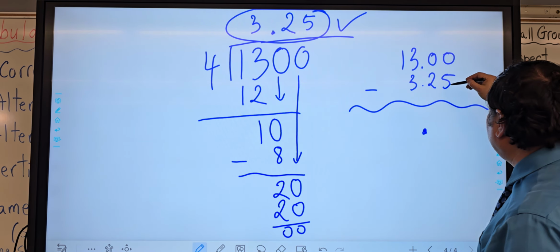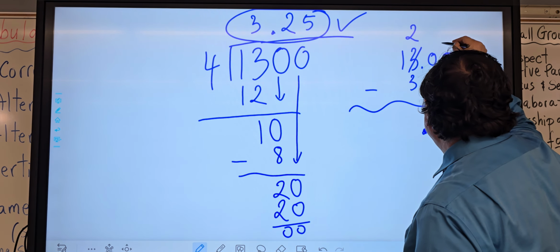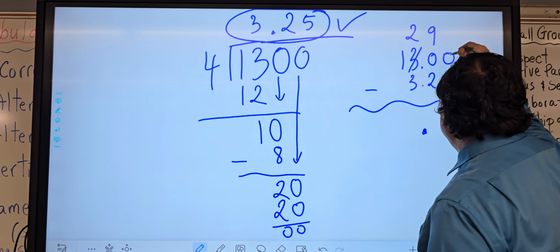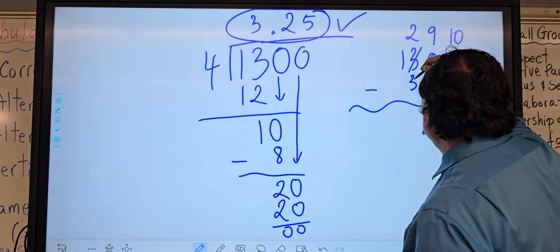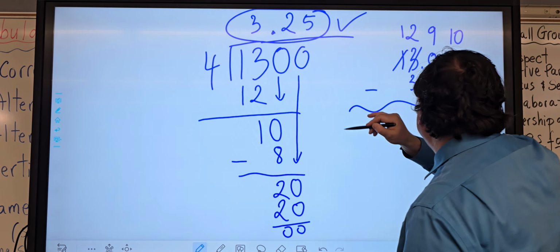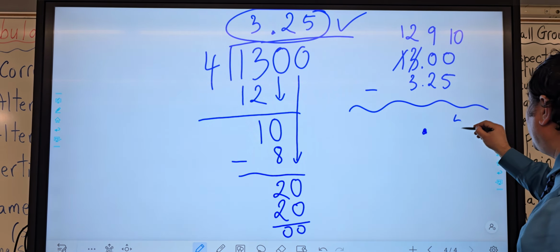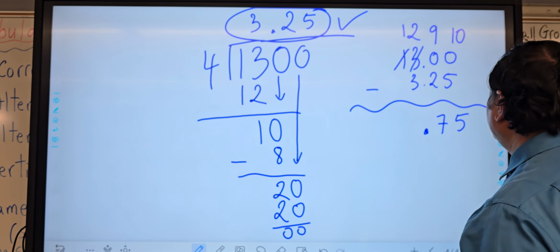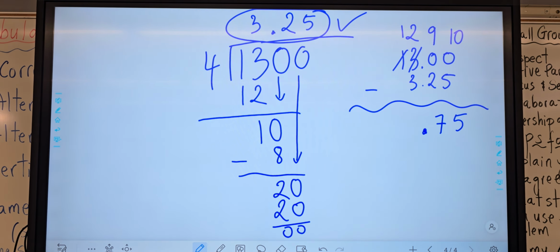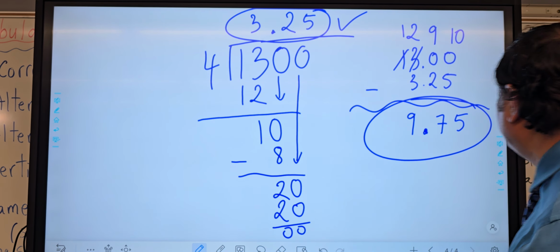We cannot take 5 from 0, borrow from the 3, make 3 a 2. Make this 0 now a 9, and make this 0 a 10. Be very, very careful here. And then make this 2, because this is going to be a 12. 10 minus 5 becomes 5. And now 9 minus 2 becomes 7. And finally, 12 minus 3 becomes 9. The final answer should be 9.75.